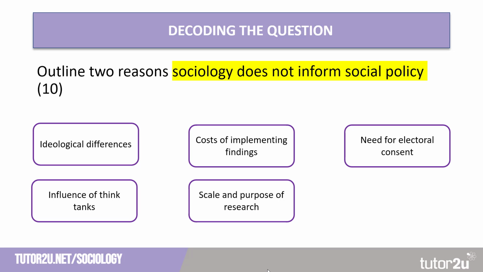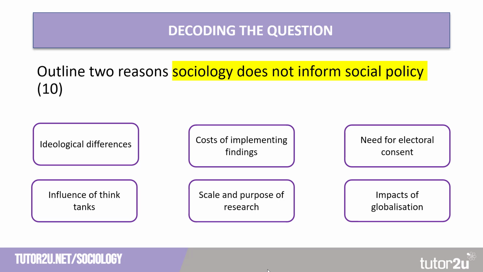Some methods, for example, those that are favoured by interpretivists, are too small scale to be used to formulate policy. And the impacts of globalisation. And this certainly was the case pre-Brexit, where lots of social policy in the UK was dictated by the EU, even though we did have the ability to put forward our own social policy.